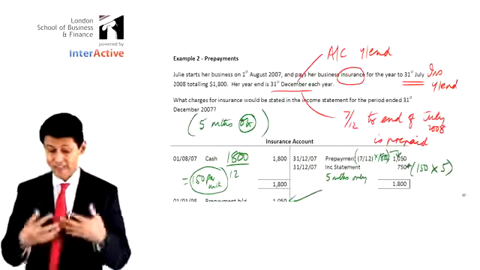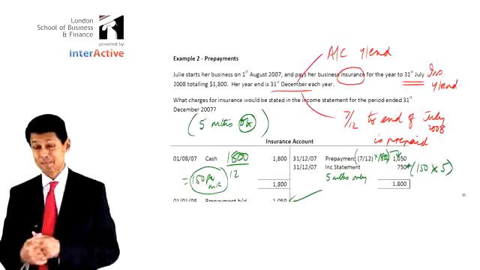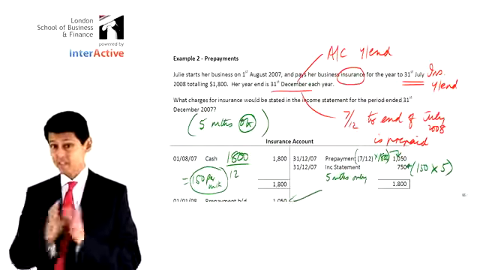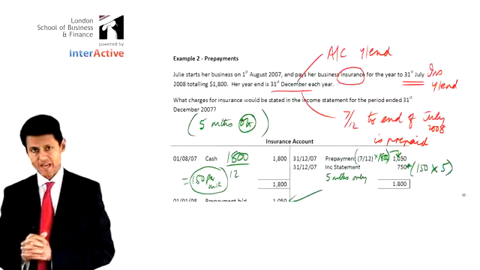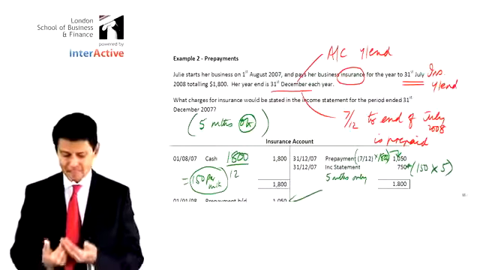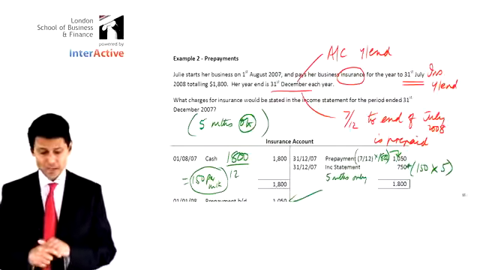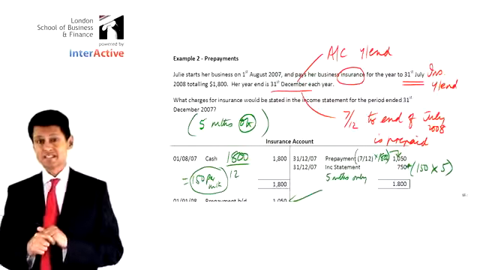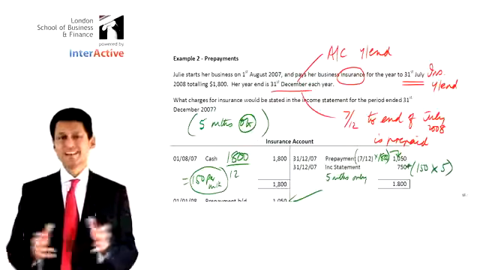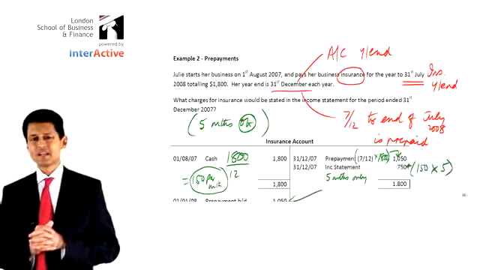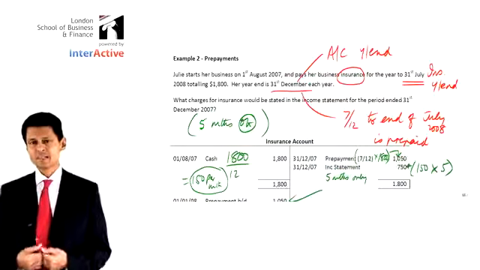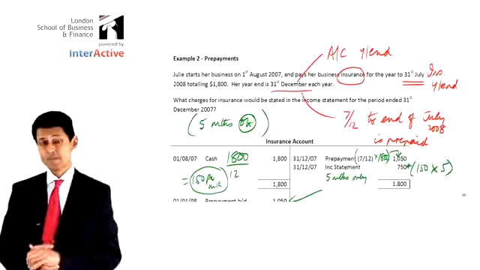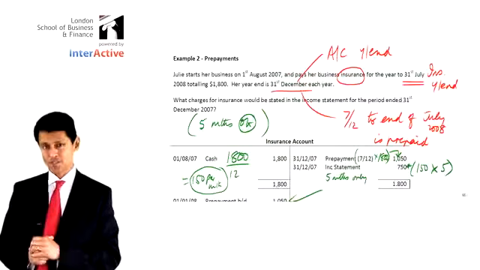Those 7 months that you've prepaid for the next financial year start up the new year. These financial year ends are December's. So obviously the 7 months that you paid last year gives you free cover for the first part of this year. And then, of course, when you pay the next amount, assuming that it hasn't changed, the first 7 months of the current year are covered by last year's payment, but the last 5 months of the current year will be covered by the new payment of insurance.